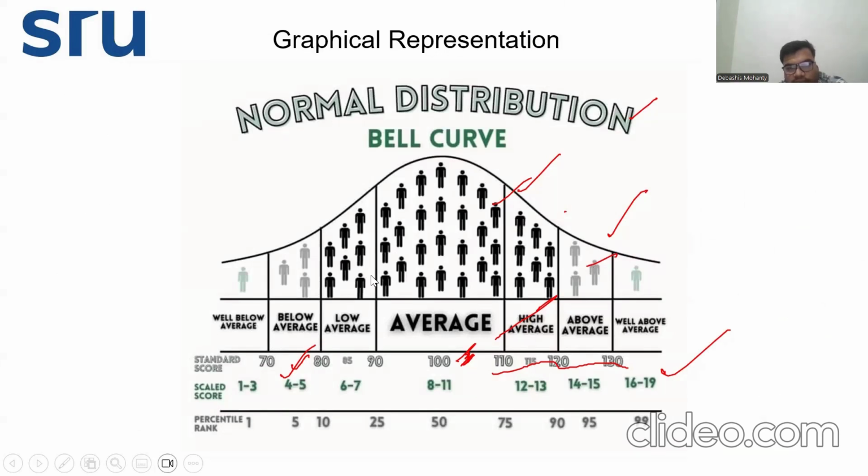Here the total number is 7, and here also the total number is 7. So equally distributed from the average to low average, to high average, to below average, to above average, to well below average, and well above average. The scale score is also given, with standard scores from 74 to 586 to 790. So this is all about equally distributing data.